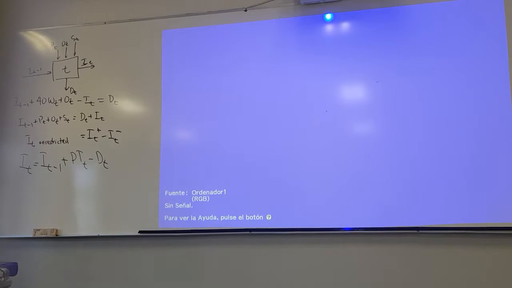And you tell me, for instance, what is IT? How is the final inventory? That is not right. What is the right definition for that variable? What is IT? I just mentioned this.